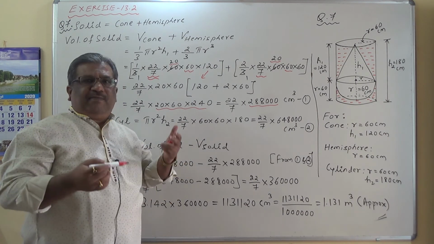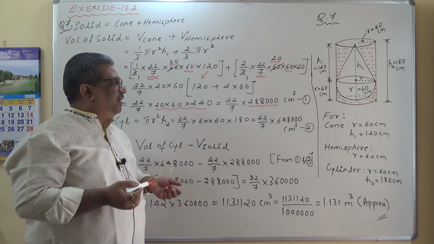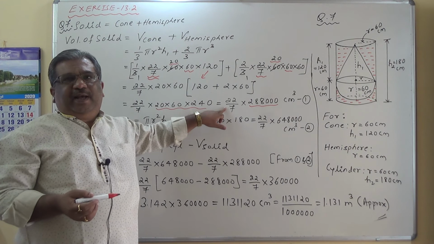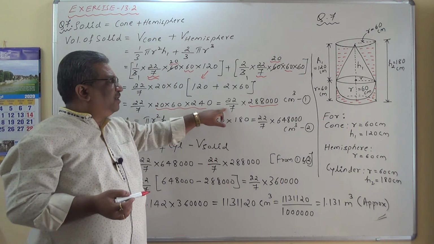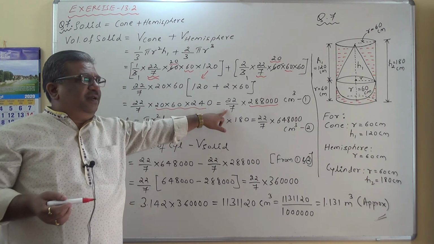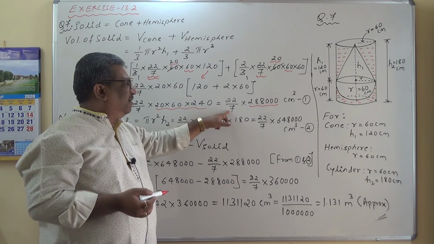And whenever there is a subtraction, that is volume of the cylinder minus volume of the solid, I am retaining this 22/7 as it is. I am not simplifying over here, because this 22/7 will also be there in the calculation of the volume of the cylinder.